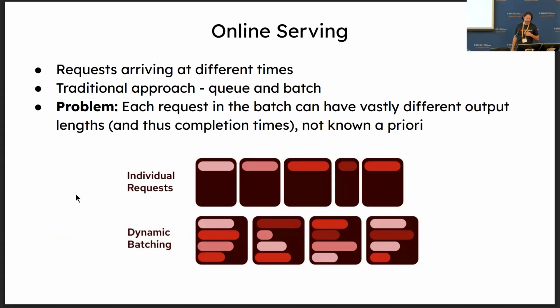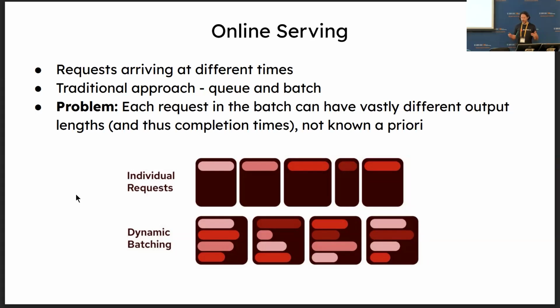In a production setting, you may be running a server where people are sending requests, like to ChatGPT, like you would with the ChatGPT API with some application running on top. And these requests are coming in at different times.